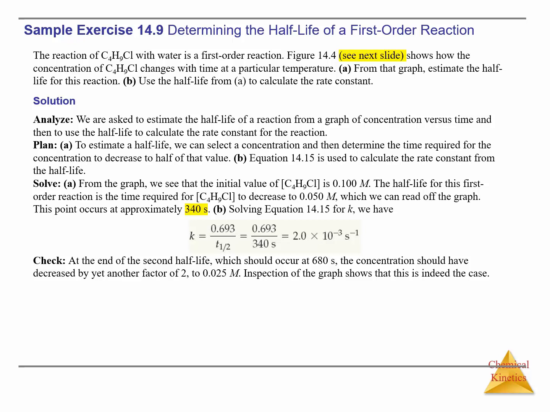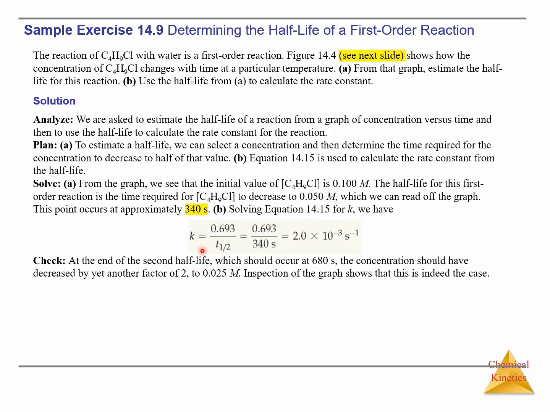So here, from the graph, we see that the initial value is 0.100 molar. The half-life of the first-order reaction is the time required for this concentration to decrease from 0.1 to 0.05, which occurs at approximately 340 seconds.